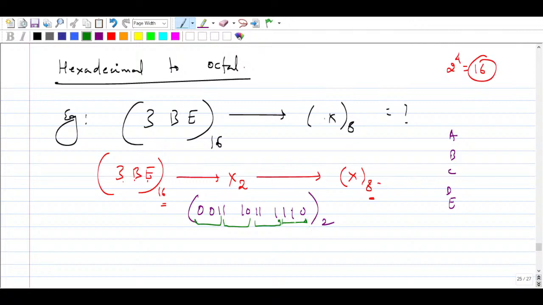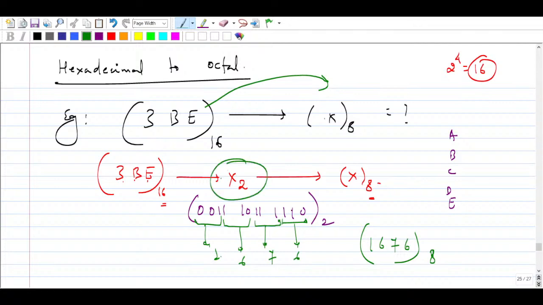So 110 is the corresponding octal number 6, then 7, then again 6. You can say this is corresponding 1676, base 8. So what we have done here is we started with hexa, and now we got octal. This is one intermediate step you have to perform always. It is very easy. Once you solve the question, you can convert anything.